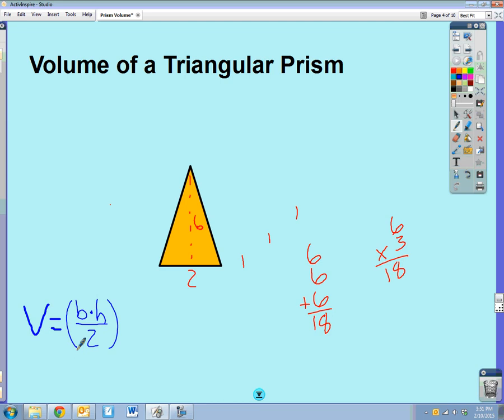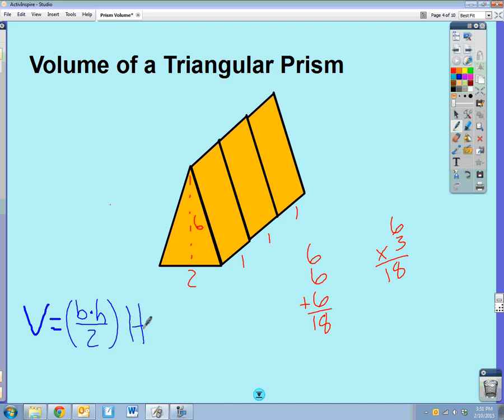And then we project it into 3D and we say, well, how many layers are there? Well, in this case, there were 3 layers, so our volume was 18. But we're going to multiply times however many layers there are. So if there's more than one layer, we do times 3. If there's only one layer, you just do times 1. But you multiply by how many triangles are being stacked back to back.